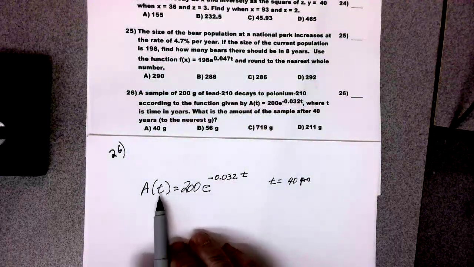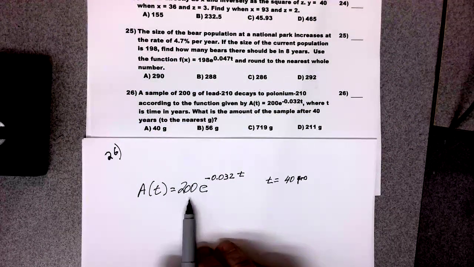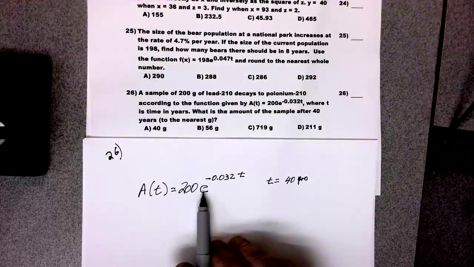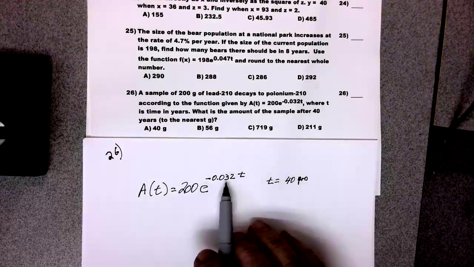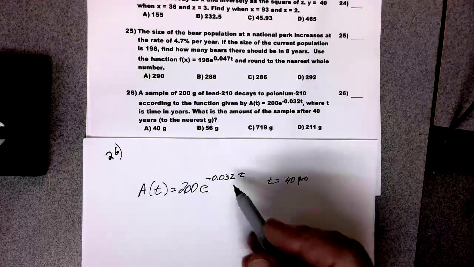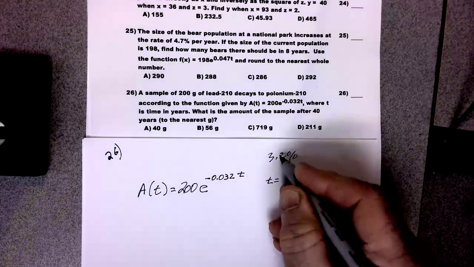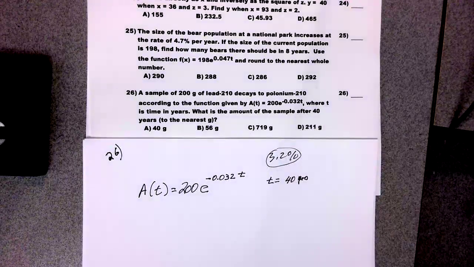The amount in the future as a function of time is equal to what we started with, and then it's decaying or declining at this decay rate. Again, this is in decimal form. If you turn this into a percent, you would get a decline of about 3.2% per year.